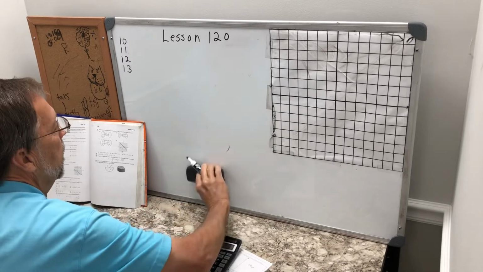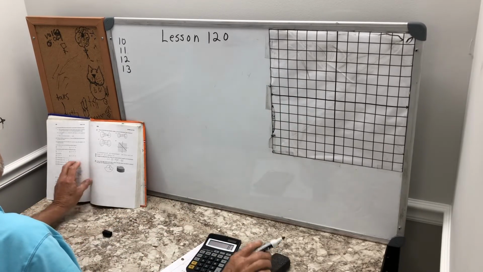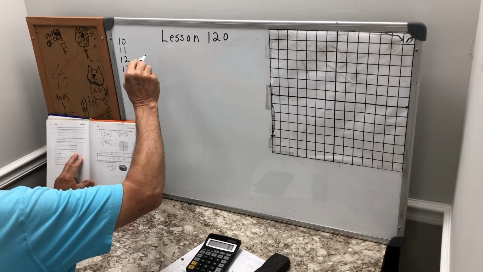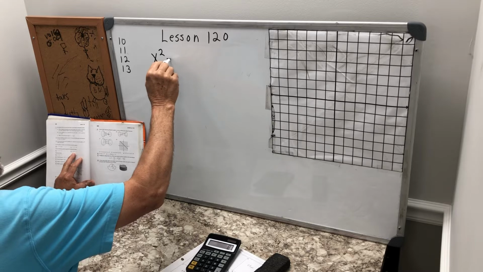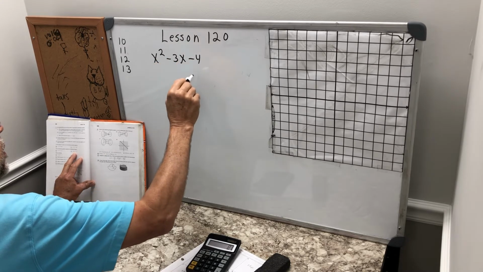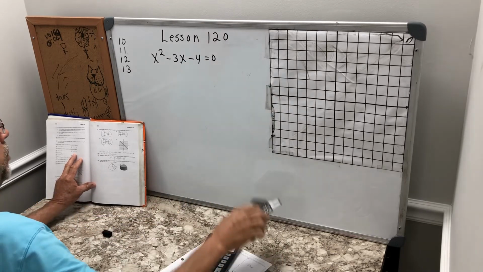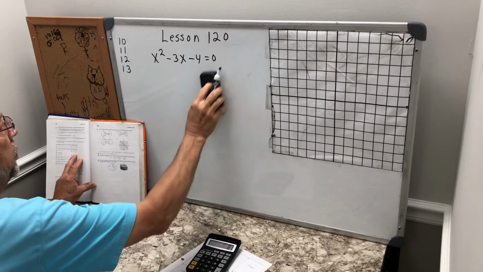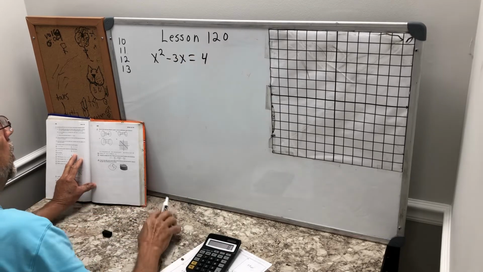Completing the square. One more like this. This number 13 again is completing the square. Rewrite it. I have an x squared, negative 3x, and it's a negative 4 equals 0. Immediately I'll put the 4 on the other side, equals positive 4.